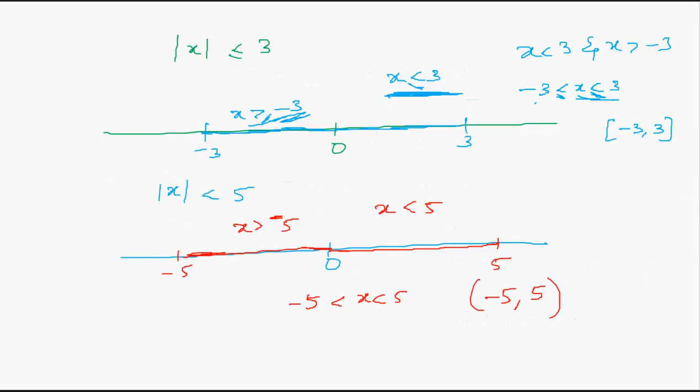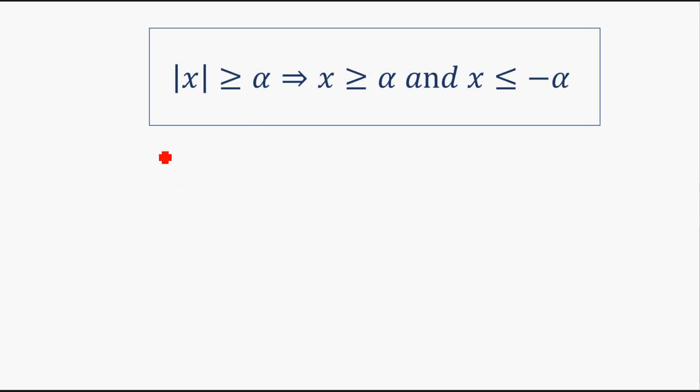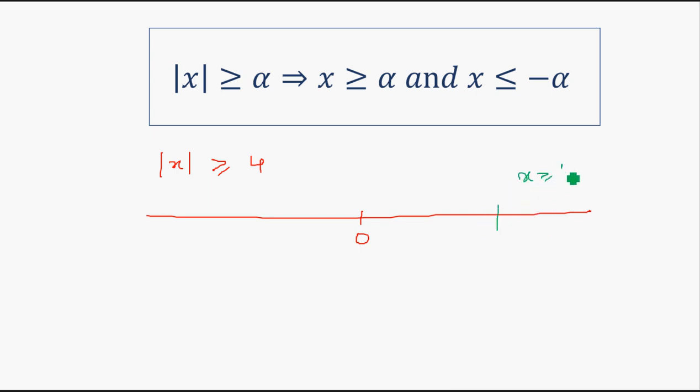Okay, so that was about this property. The next property is mod of x greater than or equal to 4 again. Now what I'm asking is what all numbers are there on the number line that are at a distance greater than 4 from the origin. So what all numbers will be there? Any number that is greater than or equal to 4.